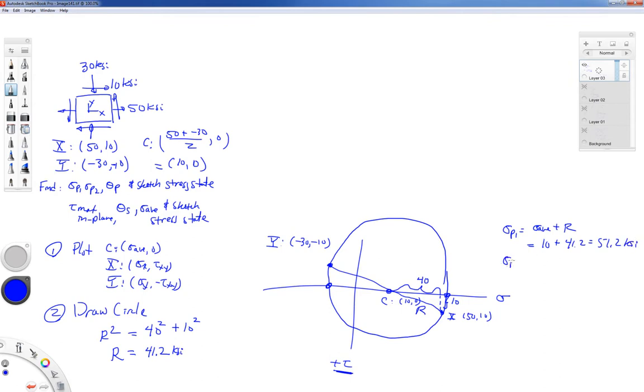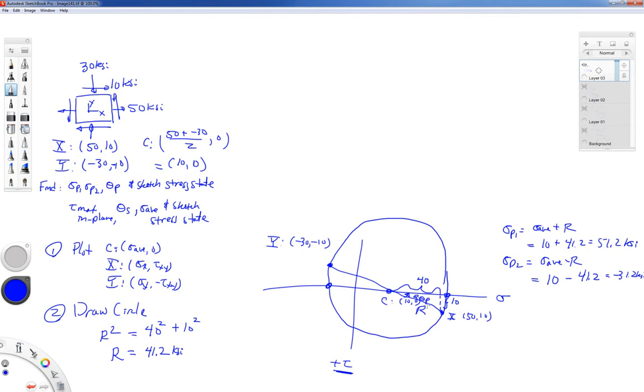Sigma P2 is the average minus the radius. It's equal to 10 minus 41.2. It's equal to minus 31.2 KSI. The angle that I need to rotate in my material corresponds to twice the angle on the circle.